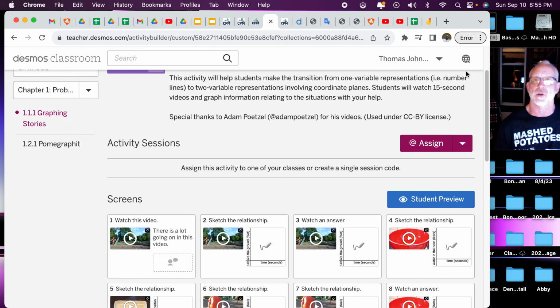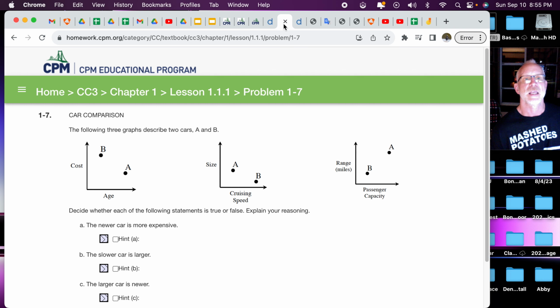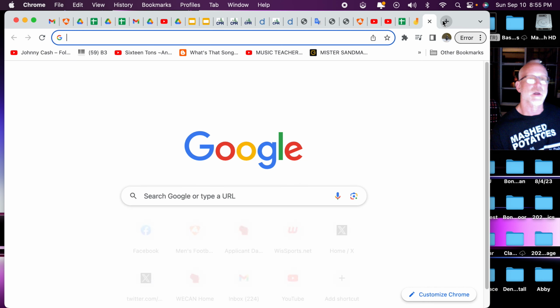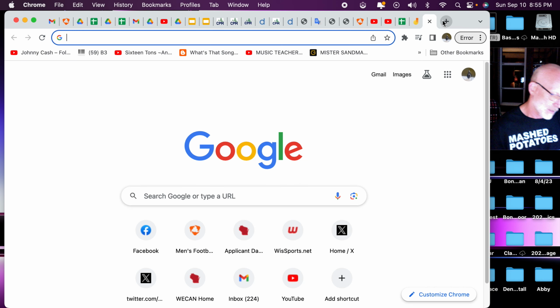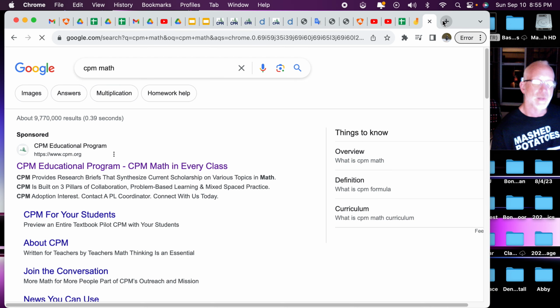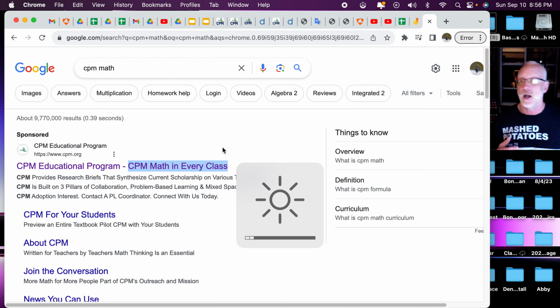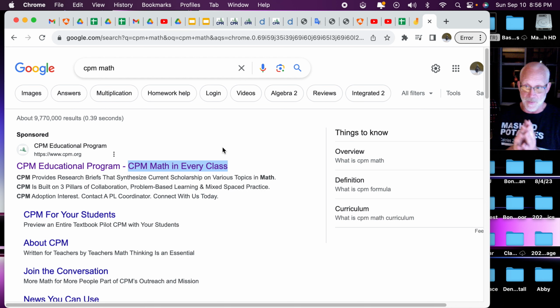Then I showed the kids their homework, and this is what I'm showing you now. So if you have your ebook, beautiful. If you don't remember how to get into your ebook, all you have to do is go to CPM Math. Look for the one that says CPM Math in every class. Click on that one. Now remember, you don't need to have your username and password. All you need to do is find the Google G and then click on that.